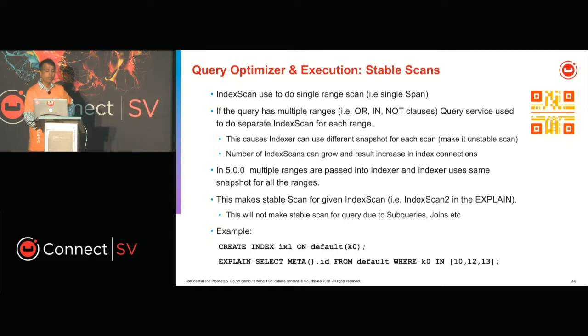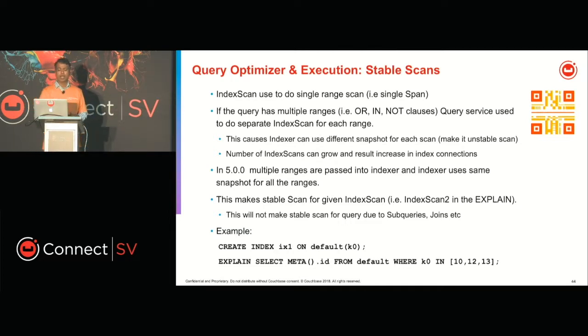In terms of optimizer, prior to 5.0, when you had to do multiple index scans within a single query block, those could use different snapshots. Remember, indexes are maintained asynchronously with Couchbase, so they could use different snapshots.